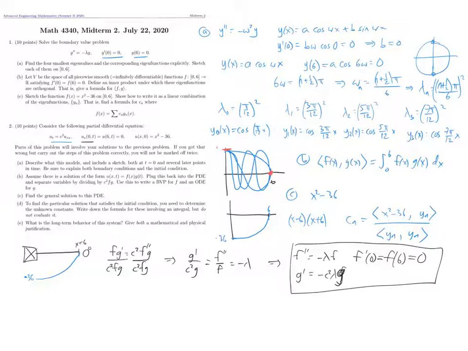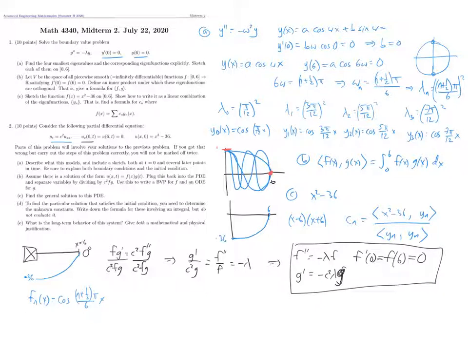Okay, so what we have is fn of x equal, well, I didn't actually write it up here, so let's write it down. So fn of x equals cosine of n plus 1/2 pi over 6 x. And lambda is what lambda is up here.